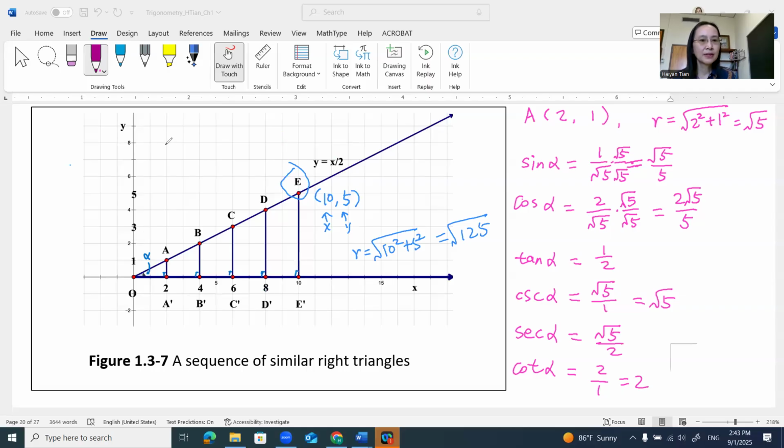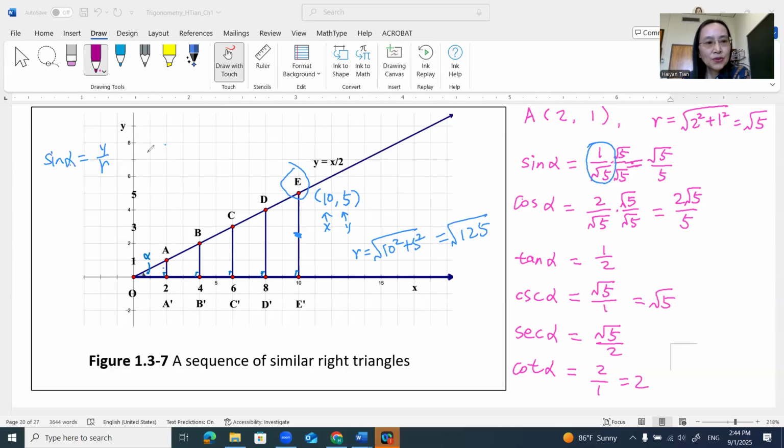okay, so let's write sine alpha using E. It's y over r, right? But this y is the larger y, which is 5 over its r, corresponding to the previous y over r here, which should be the same because the two triangles are similar.